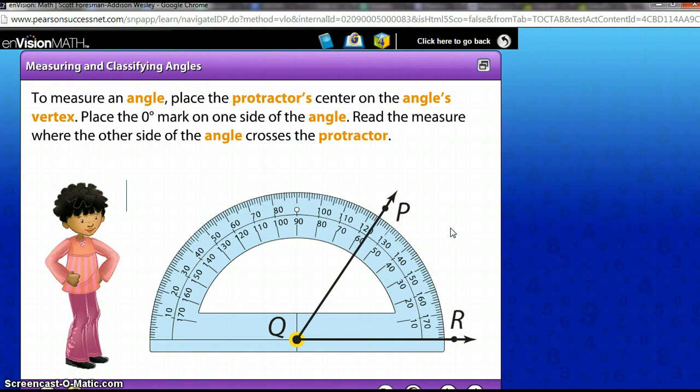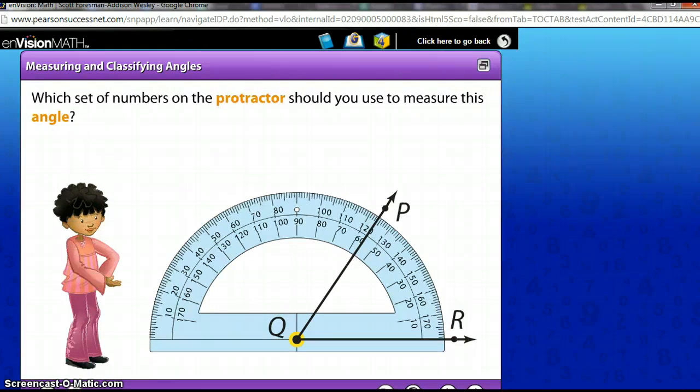Just look at it and follow along where I'm pointing as he's talking. To measure an angle, place the protractor's center on the angle's vertex. Place the 0 degrees mark on one side of the angle. Read the measure where the other side of the angle crosses the protractor. Now he hasn't said what set of numbers to look at yet. Okay, watch this.